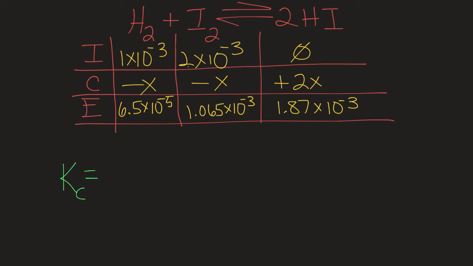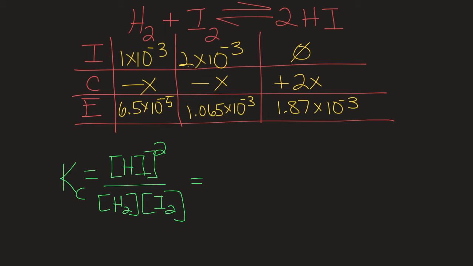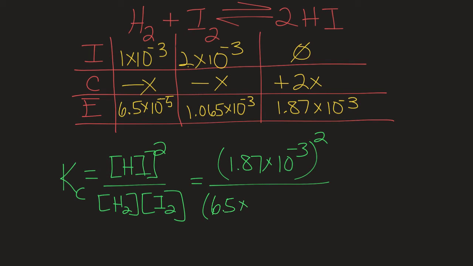So first thing we do is we write our equilibrium expression. So that's going to be HI squared over the concentration of the H2 and the I2. Then we will plug our values in. So 1.87 times 10 to the negative third squared over 6.5 times 10 to the negative fifth times the 1.065 times 10 to the negative third.